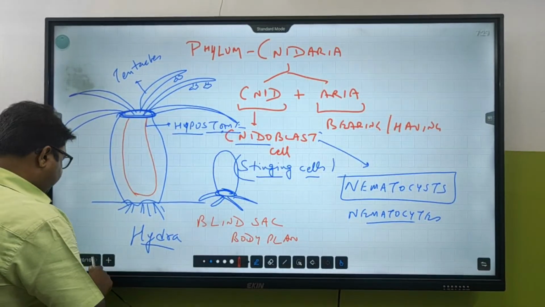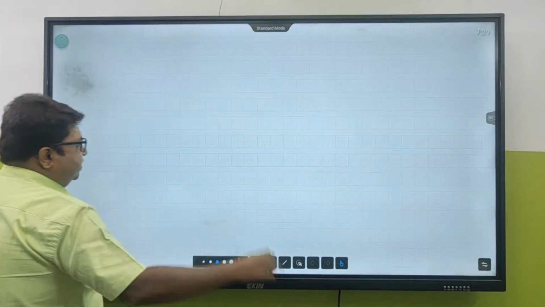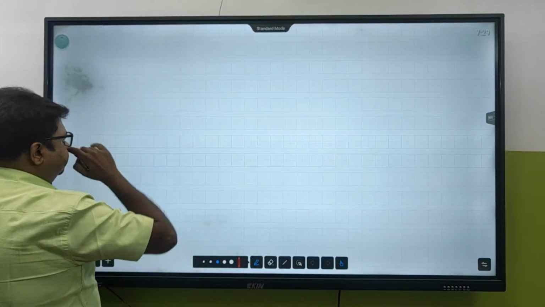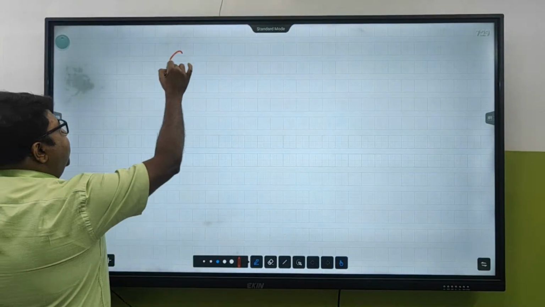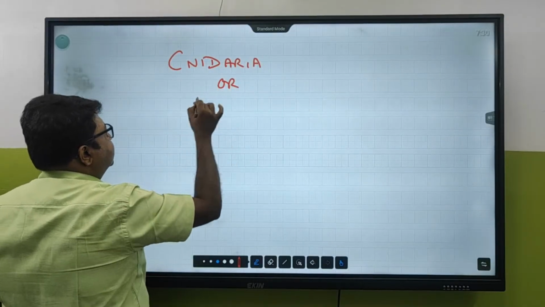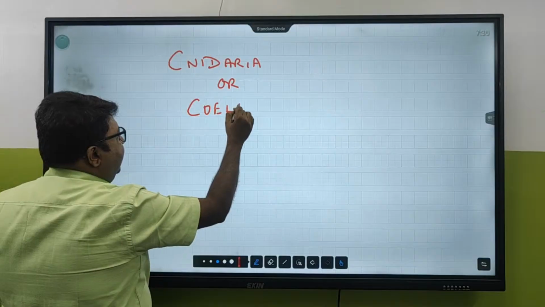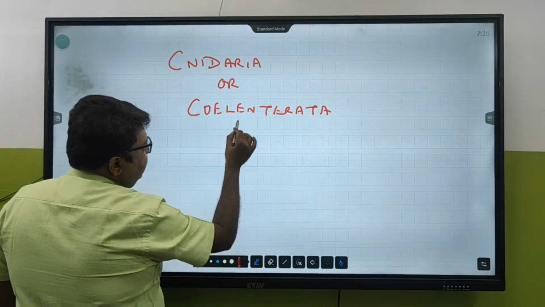So Nidaria gets into this. What kind of body plan? They have got blind sac body plan. So if you consider the cavity, Nidaria are also called coelenterata.